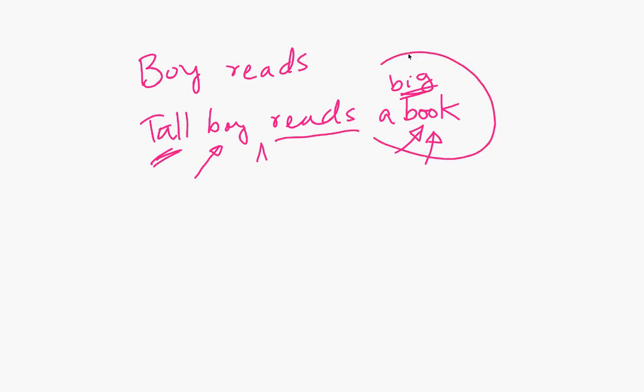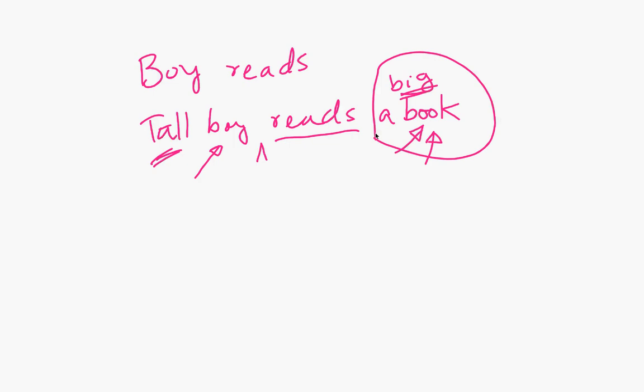Now what about the action here? A book itself is telling something about the action. Tall boy is reading what? Is reading a book. Also there could be more nouns in a sentence, more words in a sentence, telling more about the action itself.